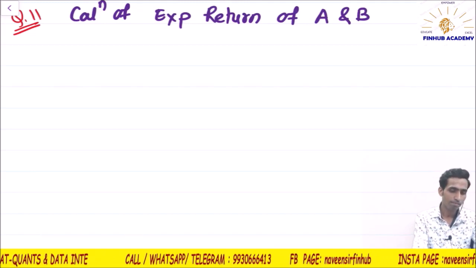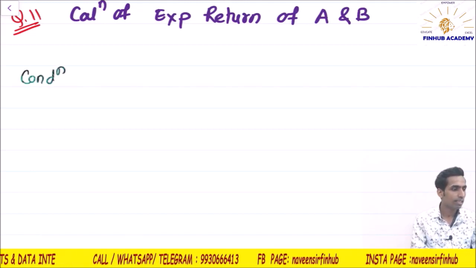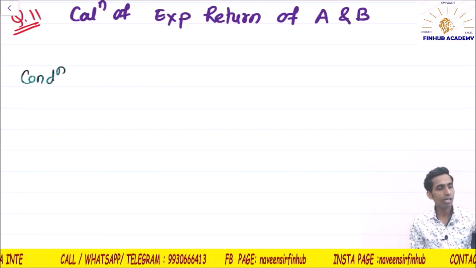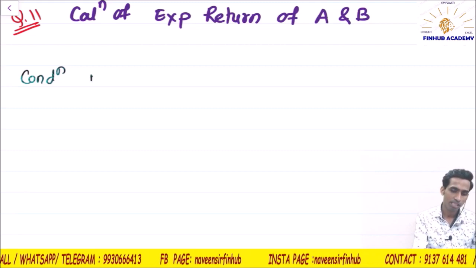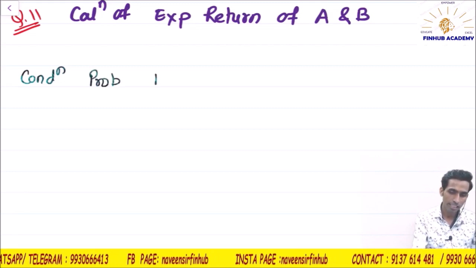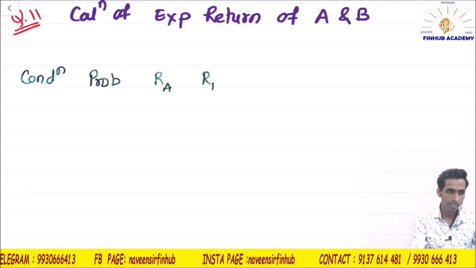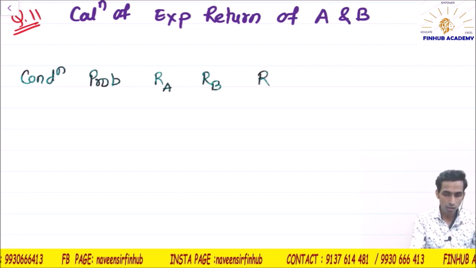Condition, and after condition, what do you have? Probability. Then I can write return on A, then return on B, and I will also write return on portfolio.